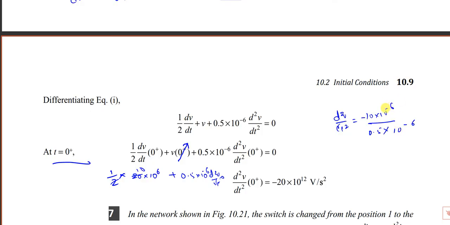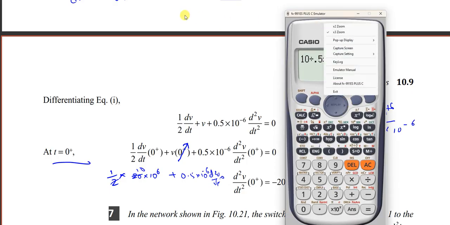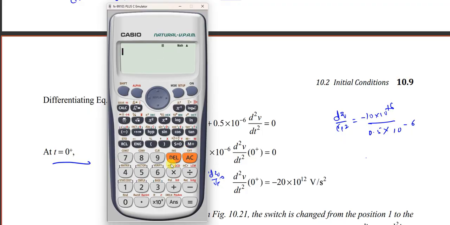This is plus 6 and minus 6. So minus 10 into 10 power plus 6 divided by 0.5 into 10 power minus 6.